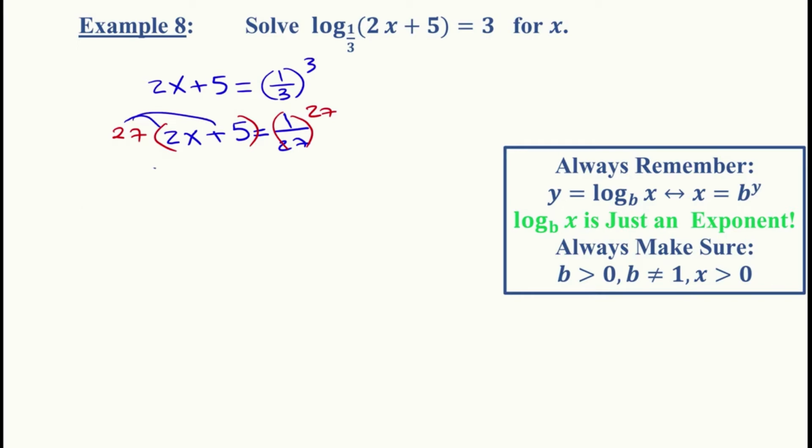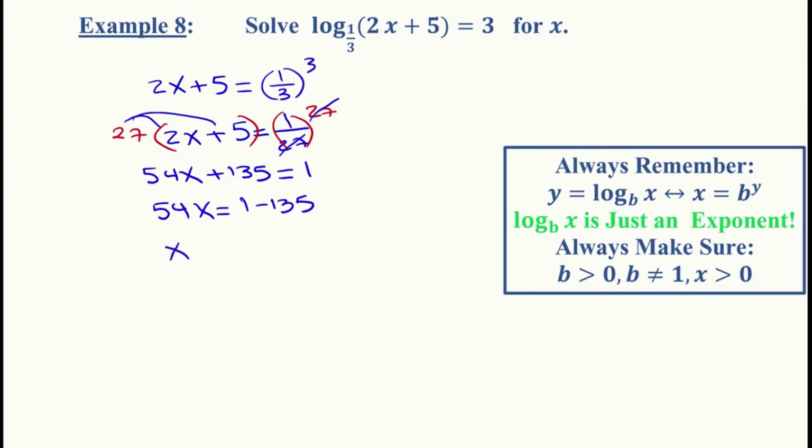So we're going to get 54x plus 5 times 20 is 100, 5 times 7 is 35, so 135 equals, on this side, of course, those cancel out, they just leave us 1. So we get 54x equals 1 minus 135.